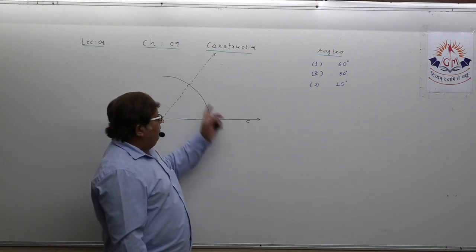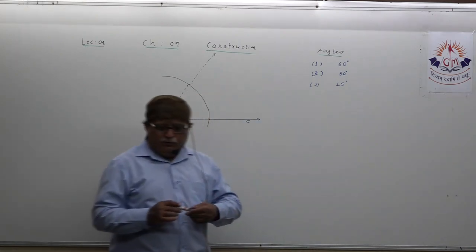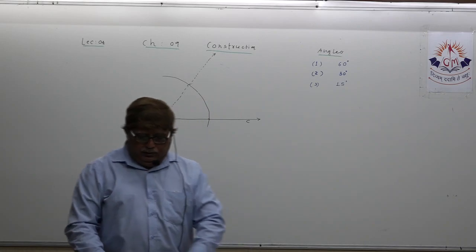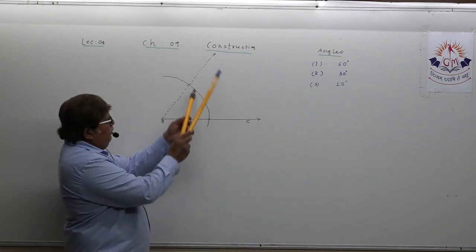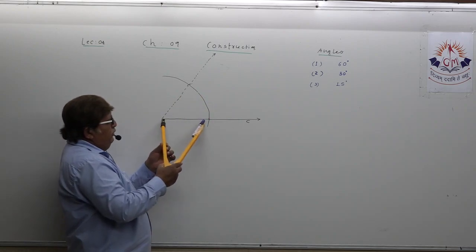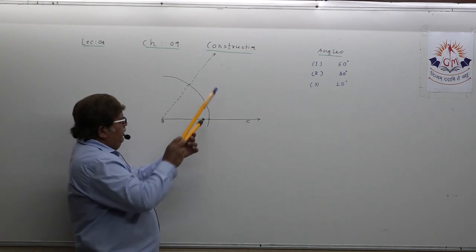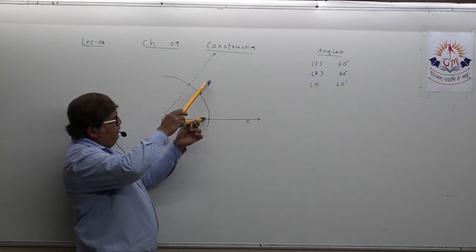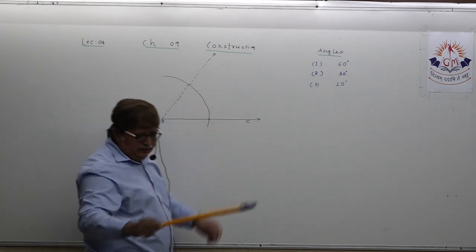So first we have to halve the angle of 60 degrees, and for that purpose you have to again bisect the angle of 60 degrees. How to do it? Don't change the radius which you have taken. Now centering your compass here one arc, then centering here another arc.